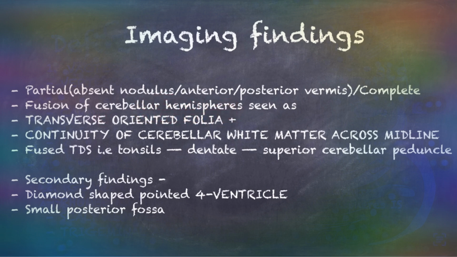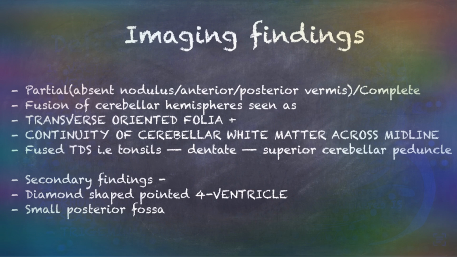This will in turn lead to fusion of both the cerebellar hemispheres. Now the fused cerebellar hemispheres will appear as transversely oriented folia, which can also be said as continuity of cerebellar white matter across the midline, and fused TDS, you have to remember. Now there are some secondary findings in Rhombencephalosynapsis.